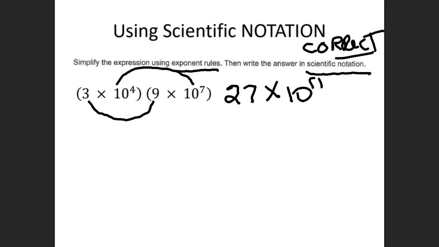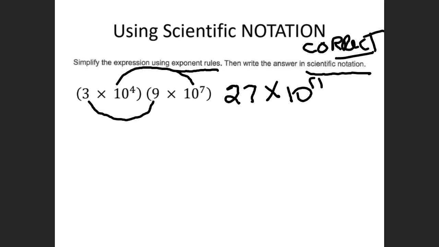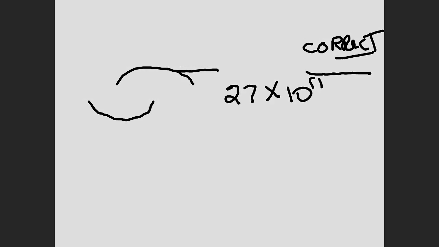Well, first off, to be in correct scientific notation, 1, the power of 10 must be a whole number, and 2, there can only be one non-zero digit to the left of a decimal place for the number in front of the x.